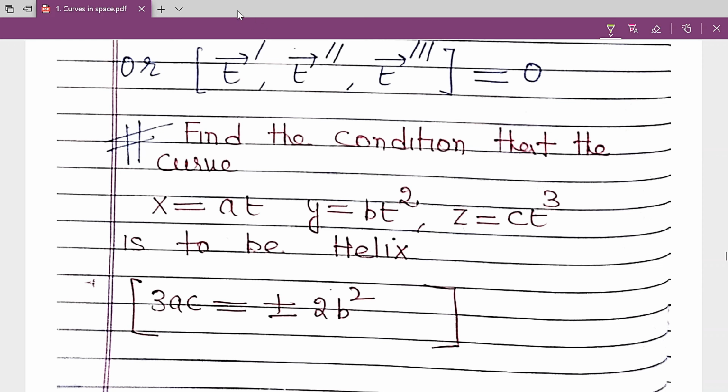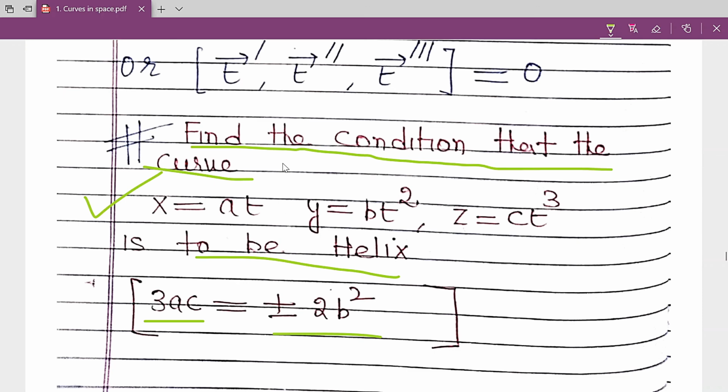Now the next result is the condition. Find the condition for the curve to be a helix. How can we find it? This is the equation of the curve. Then find the curvature, which you already know, and find the torsion, that is tau. Then the condition is that kappa by tau is constant. Then substitute and find the values.